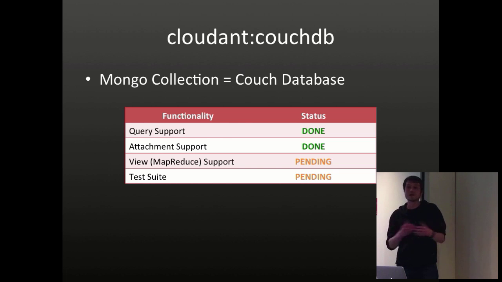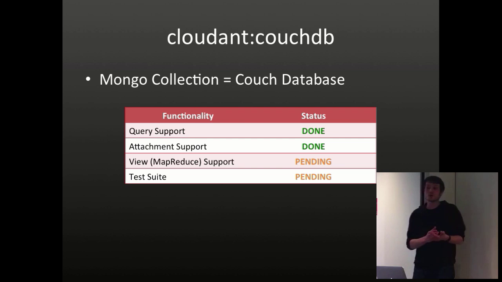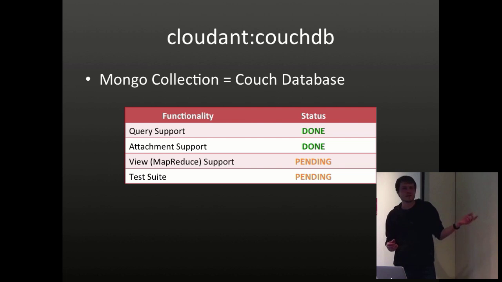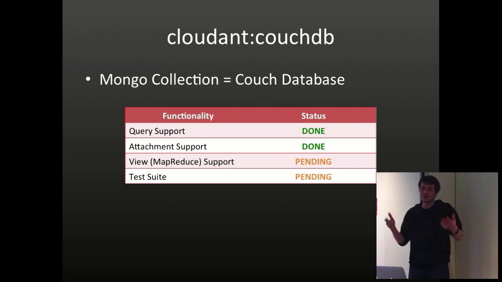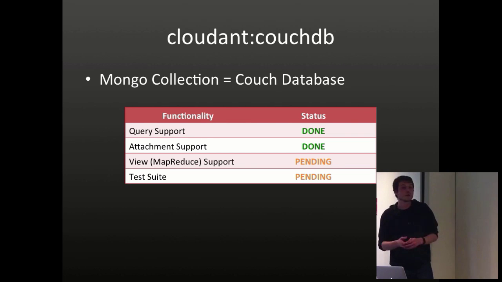In CouchDB, you usually handle it with multiple databases, or you use a field to differentiate your documents, usually something like CDB type or so, and then it tells you which type of document it is. But this approach uses basically multiple databases, and they're created in Cloudant or in CouchDB as they're required. So if you declare a new CouchDB database, in the background the driver makes sure that a database exists and then you have access to it.